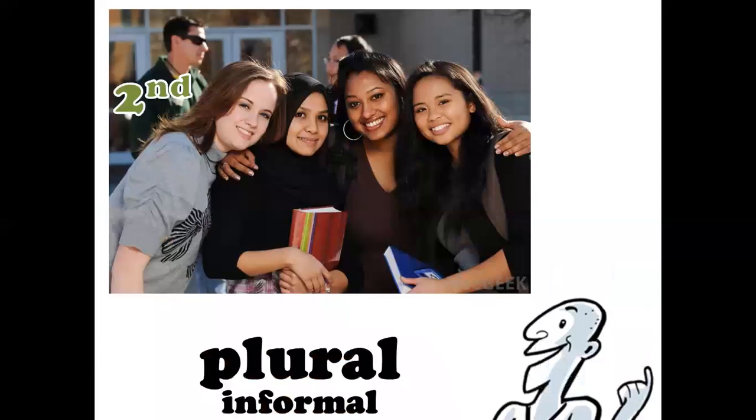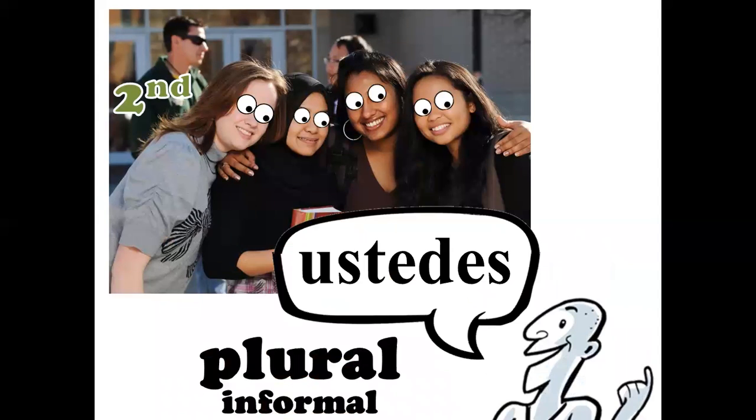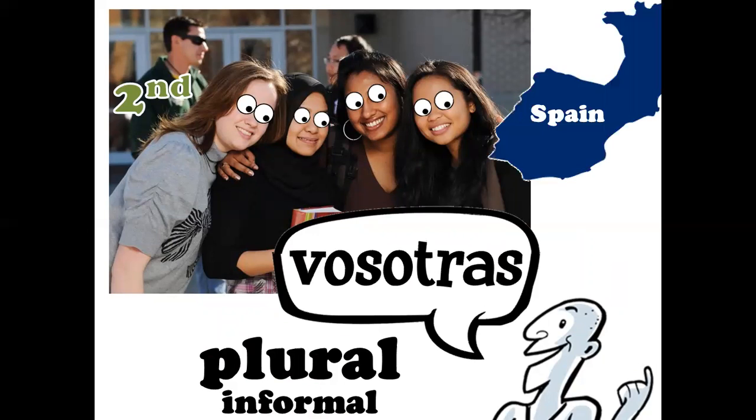All right. When you're talking plural, you use ustedes, or if you're talking to a whole group, the y'all form, unless you're in Spain. If you're using this towards a group of friends, you would use vosotras. Vosotras is only used in Spain. It also has a masculine form, vosotros, to show that you're talking to a group of friends.